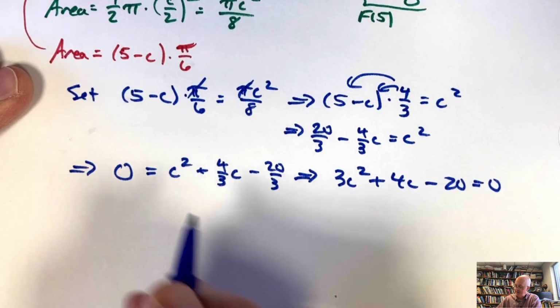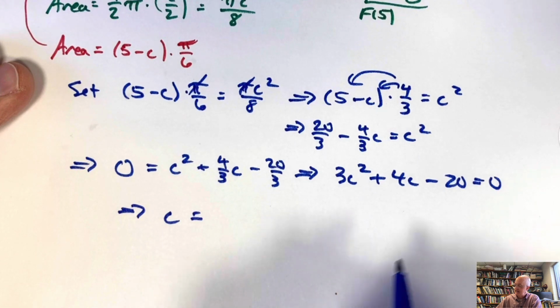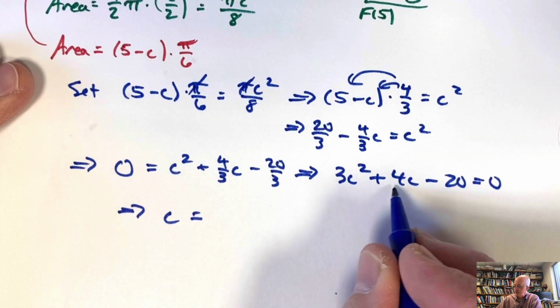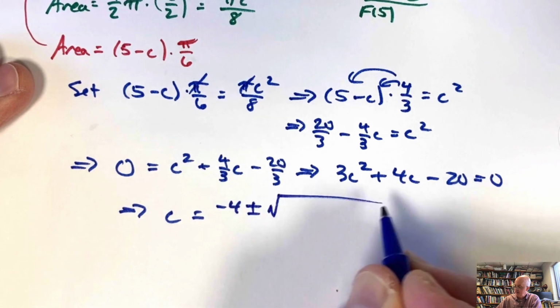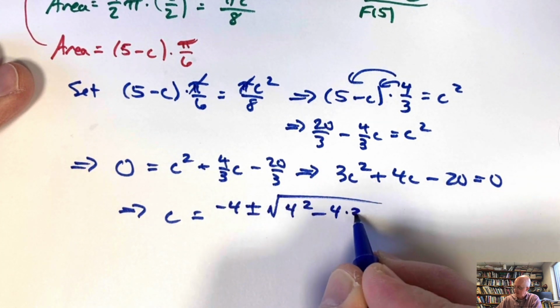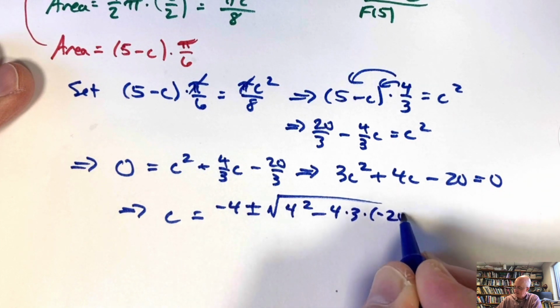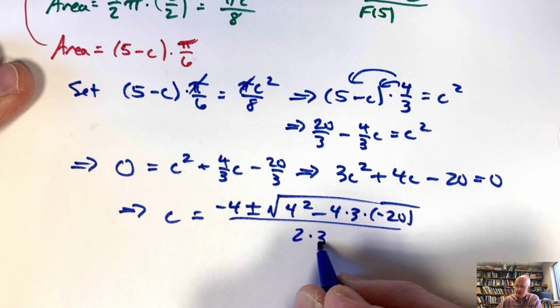You can factor this, but let's use the quadratic formula anyway. C equals the negative of this coefficient. This coefficient is positive 4, so I get negative 4 plus or minus that thing squared, 4 squared, minus 4 times 3 times negative 20, all over 2 times the coefficient of c squared, which is 3.